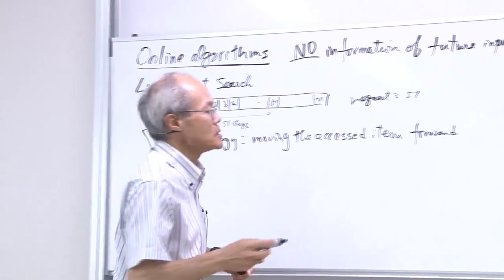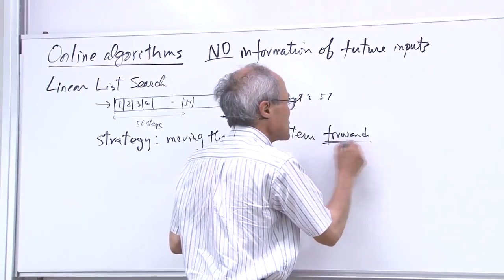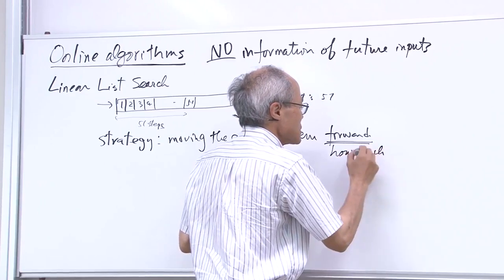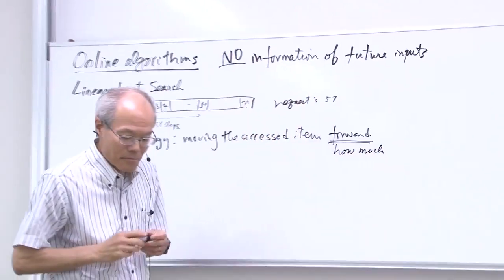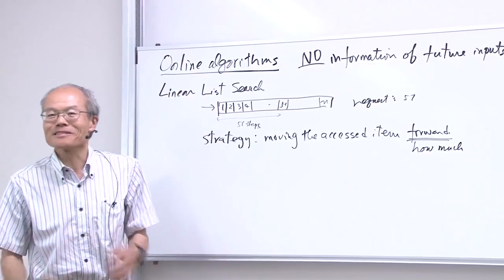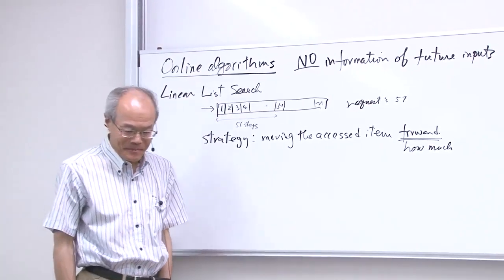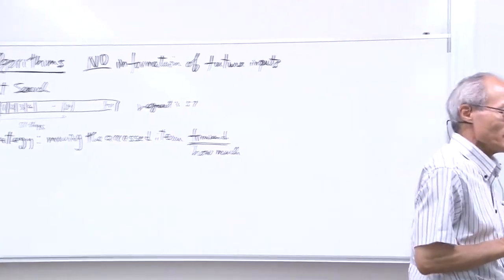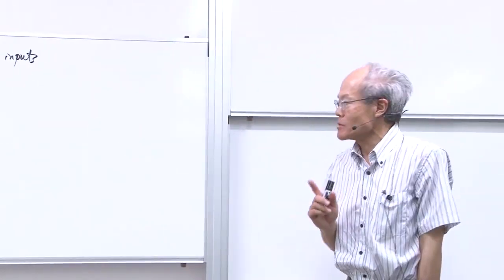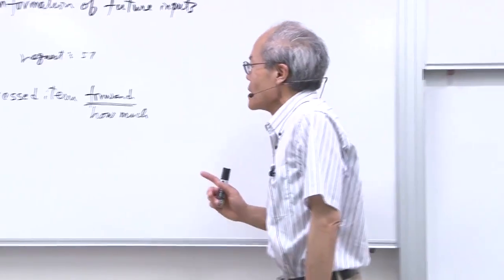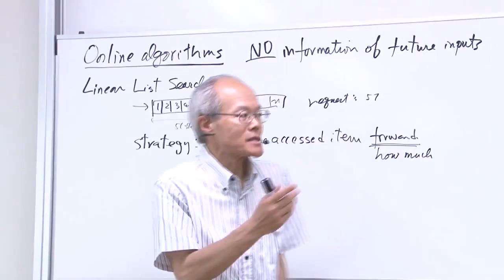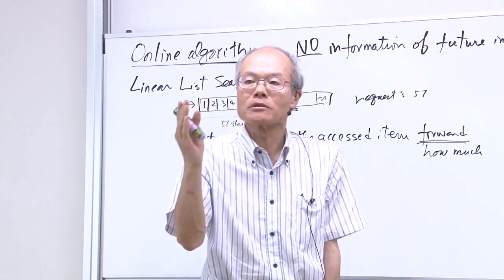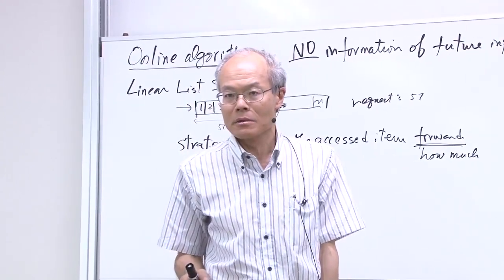But the question is how much? This is an interesting problem. But what you can see immediately is if you move the accessed item a little bit, or you don't move the accessed item at all, then that is bad.